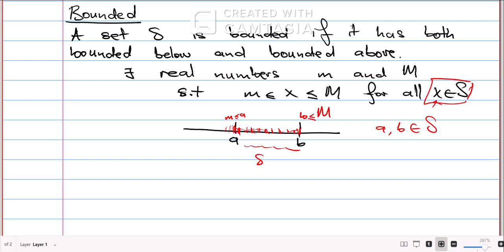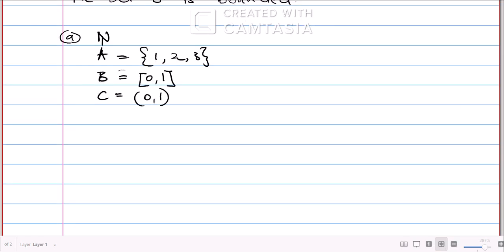So the set S is bounded. So here we say, we know the natural numbers. The set of natural numbers is an infinite set.